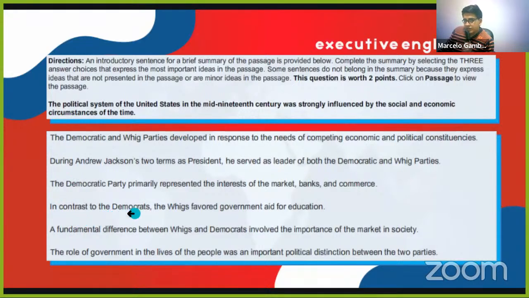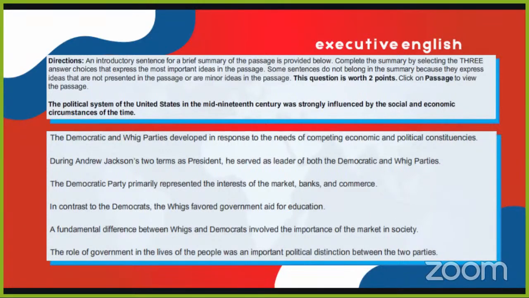D, in contrast to Democrats, the Whigs favor government aid for education. Is this true or not? False, that's right. Why is it false? I don't remember reading something about education. Maybe it wasn't that important, but it's not the main idea.